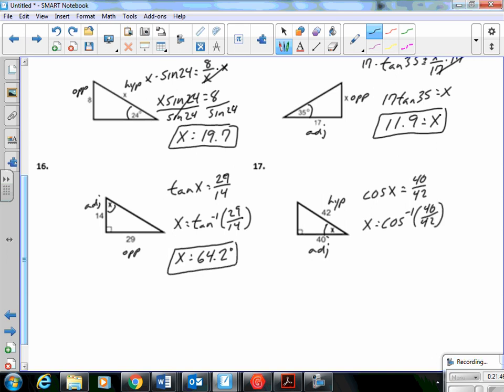So second function cosine 40 divided by 42, and x is going to be 17.8 degrees. And that completes the review.